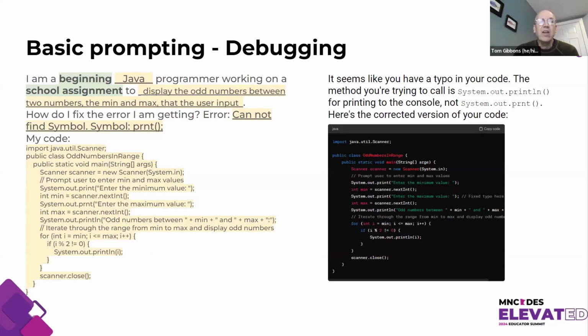Here is the example, highlighting the things students will switch out: Java or Python or whatever language they're in, what the goal is, what the error is, which they're often just pasting in exactly, and then what their code is.